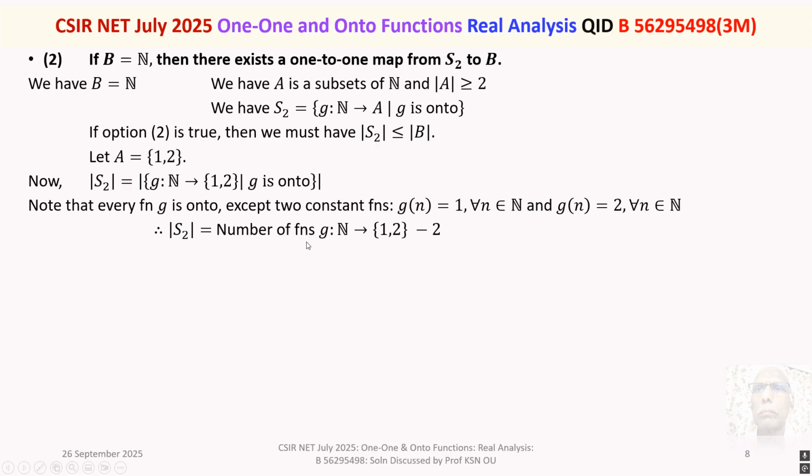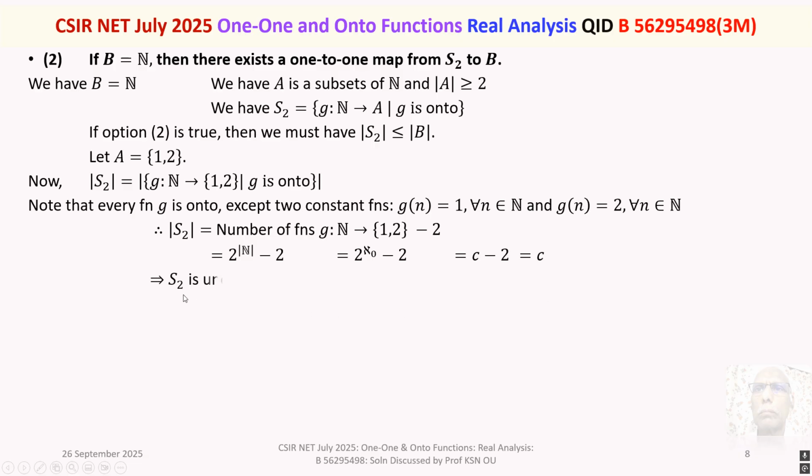The number of functions from A to B is the cardinality of B to the power of the cardinality of A. So, this will be equal to the cardinality of {1, 2}, that is 2, to the power of the cardinality of the domain, that is the cardinality of N, minus 2. 2 power cardinality of natural numbers, aleph-naught, minus 2. 2 power aleph-naught is C, the continuum, minus 2. C minus 2 is C.